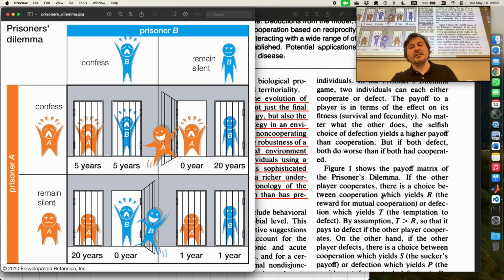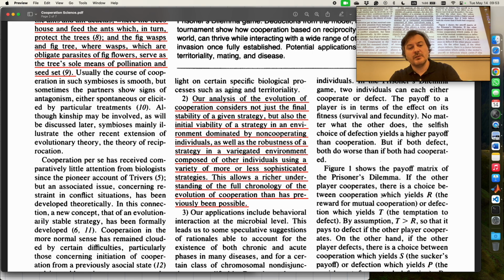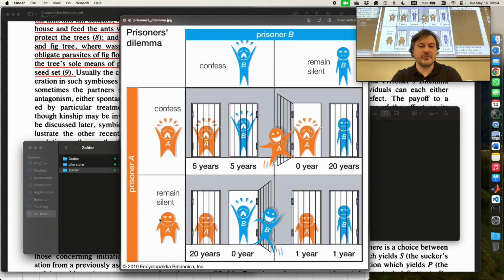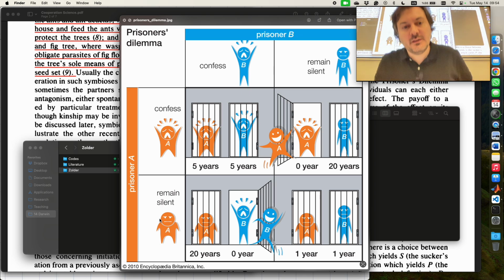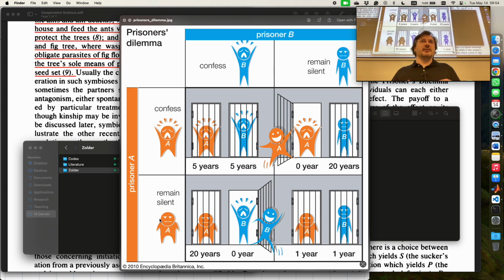So the idea here with this paper, and in game theory in general, is that if game theory looks at a prisoner's dilemma that is being played once, it just says that you should confess. That's the optimal solution no matter what the other one does. But if it's an evolutionary prisoner's dilemma, meaning that you will meet that person again and you will play this prisoner's dilemma again, then it matters, because you can start trusting.